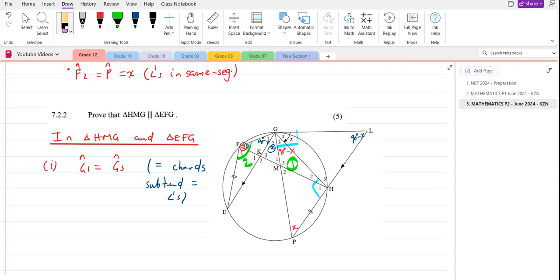What's the second one? We are supposed to get M3 to be equal to angle F somehow, or to get angle H2 to be equal to angle E. Either way, that's 90 minus x, that's 90, that is x.